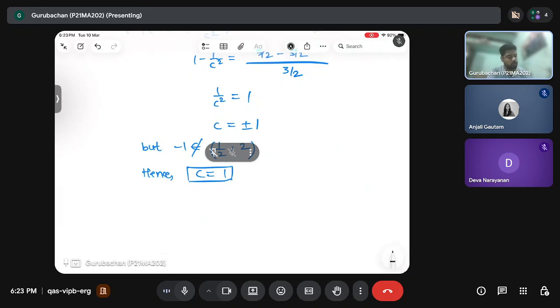Question number 2. Let f of x be x if 0 less than or equal to x less than 1.